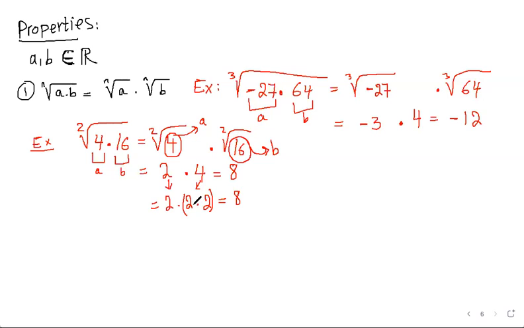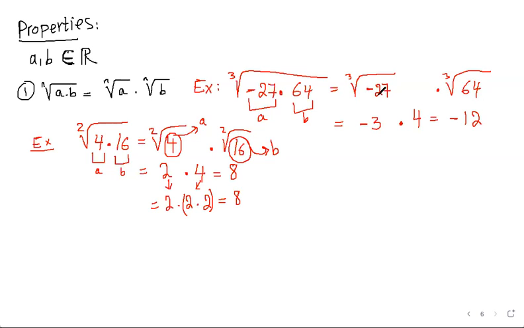In the first example, when you said it's an odd number, you said it's supposed to be negative. How did 64 become 4? 64 became 4 because I know the third root of 64 is 4, positive 4. For the odd radicals, if the inside is positive, the answer is positive.